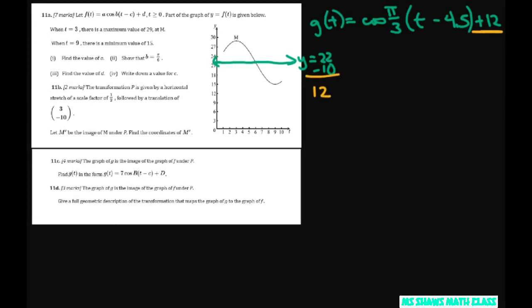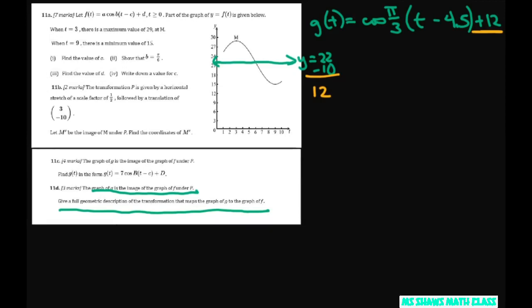And then finally, it says the graph of G is the image of the graph of F under P. Now give a full geometric description of the transformation that maps the graph of G back to F. So basically they want you to do the inverse.